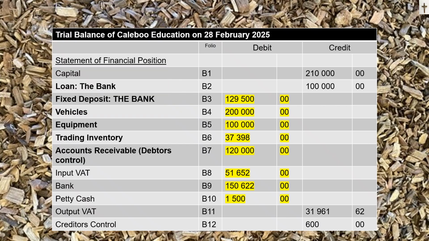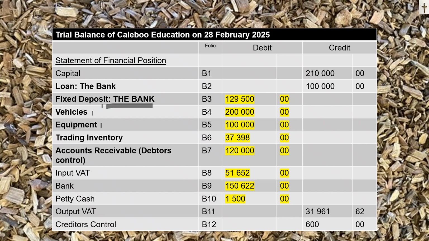I've highlighted the assets. Special mention here, a fixed deposit. If you take out a fixed deposit with a financial institution, that is a financial asset. If you have extra cash and you want to invest it at a higher interest rate, you can take out a fixed deposit. That's an asset. Vehicles, asset. Equipment, asset.